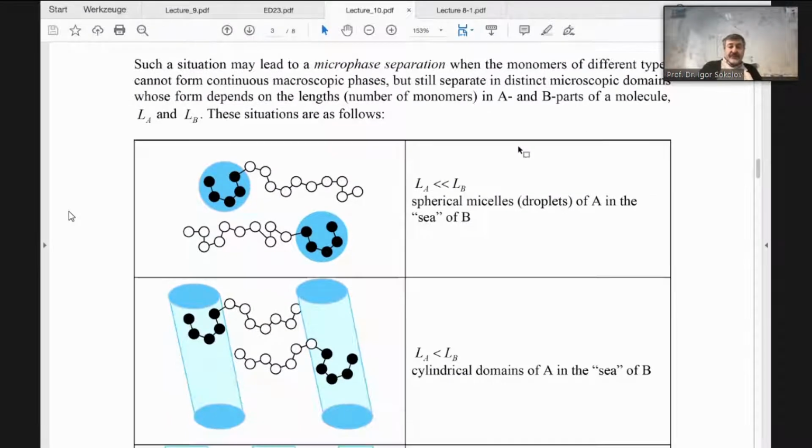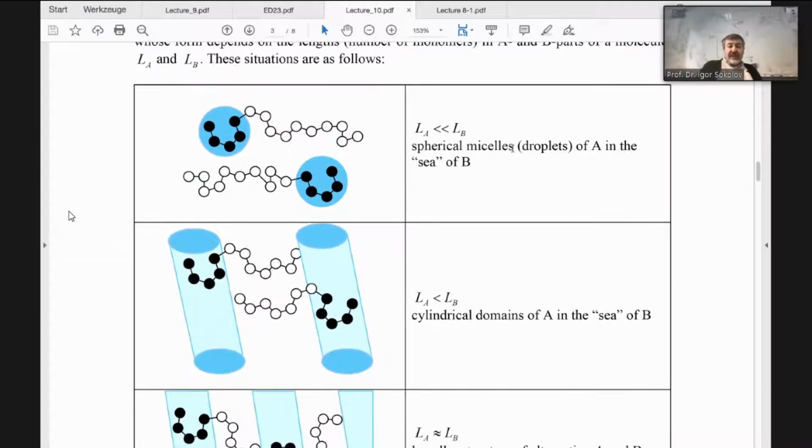And the situation that appears depends really on the sizes, on the number of monomers in different parts of the molecule.